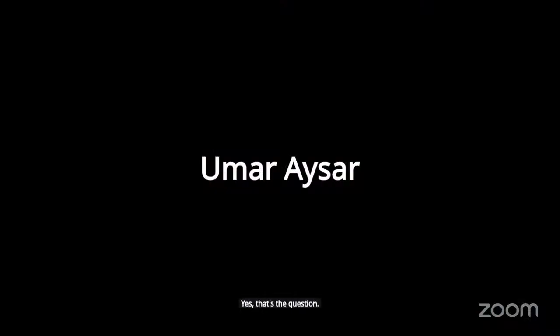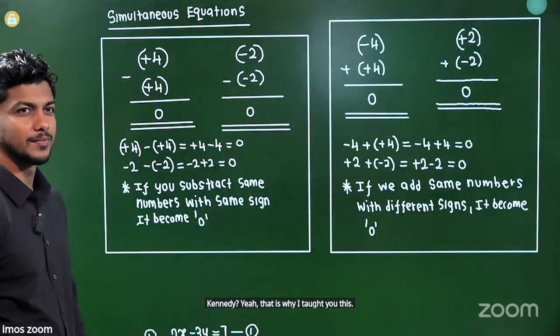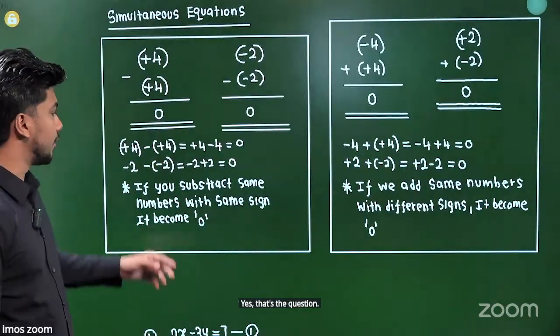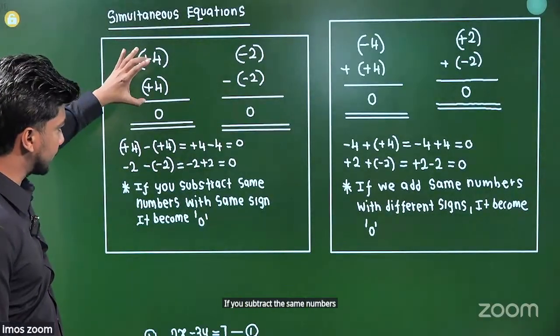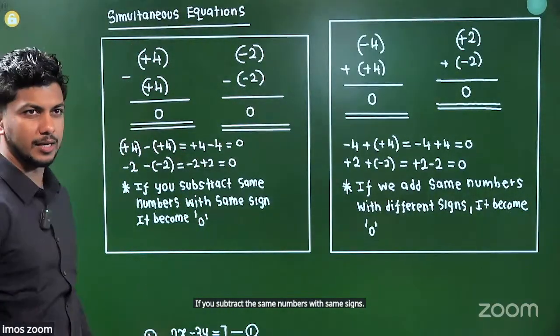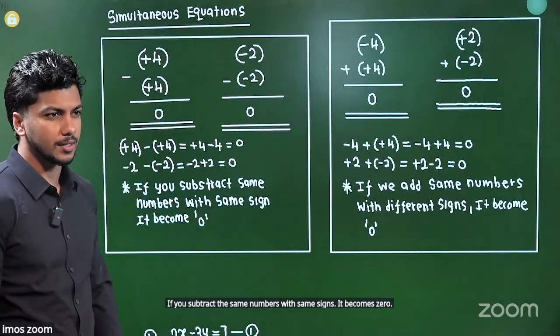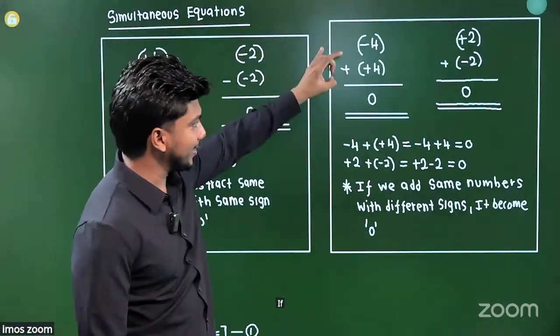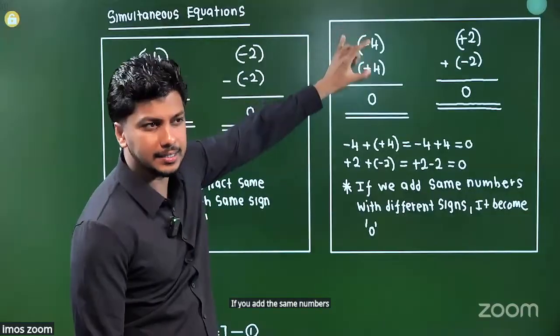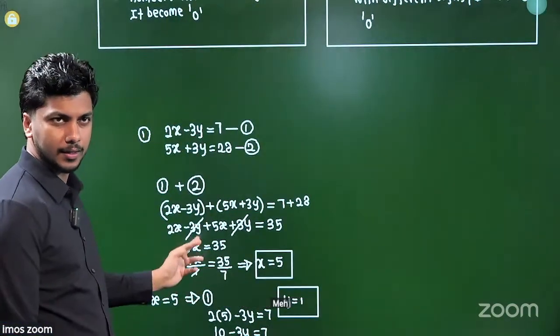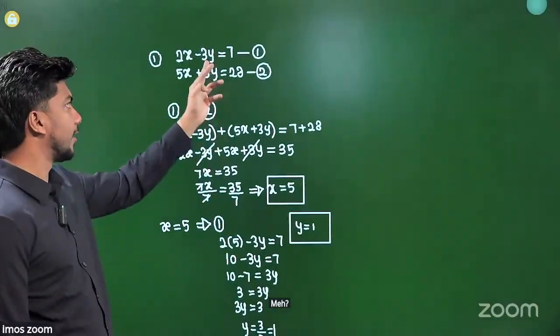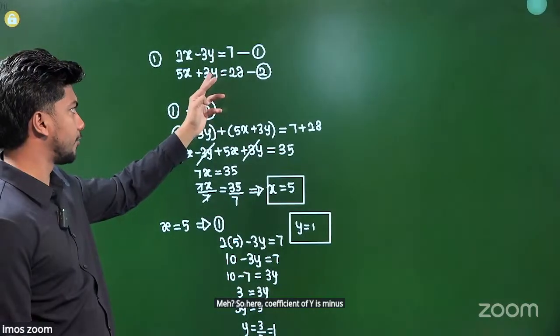Yeah, that is why I taught you this. If you subtract the same numbers with same signs, it becomes 0. If you add the same numbers with different signs, it becomes 0. Right? So here, the coefficient of y is -3 and the coefficient of y is +3.